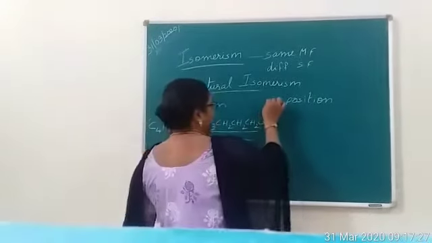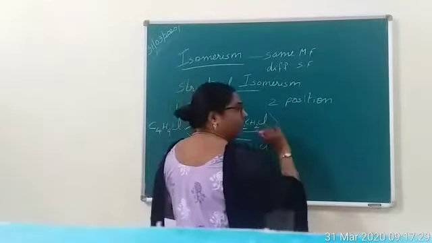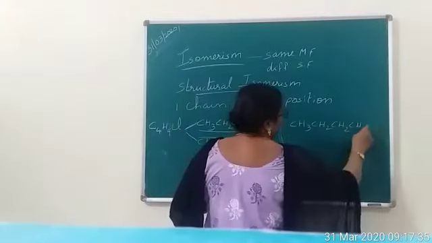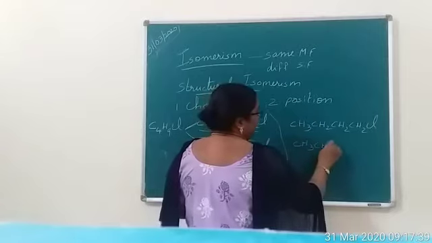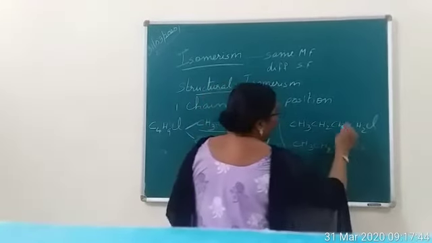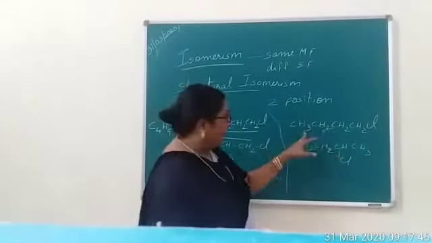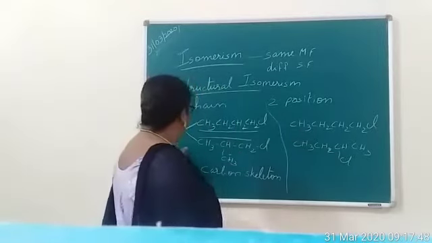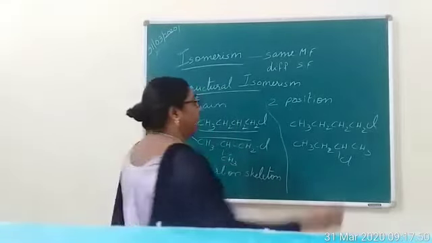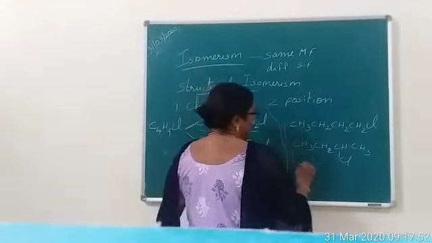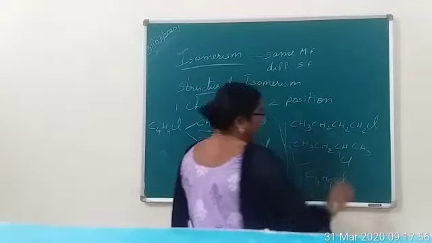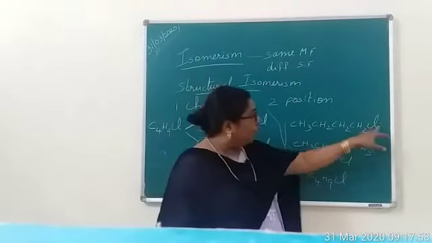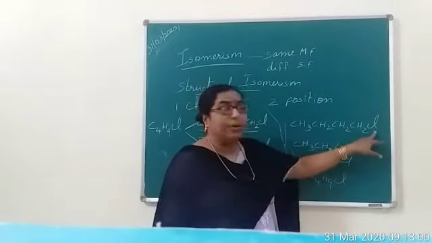Now let us explain position isomerism with the same example. This is again 1-chlorobutane. The same compound we can represent as 2-chlorobutane. Both of them possess the same molecular formula C4H9Cl. Here you can see that only the position of the substituent is different.